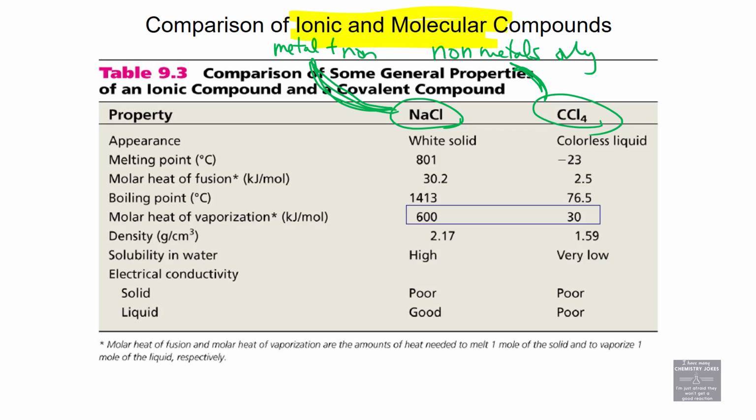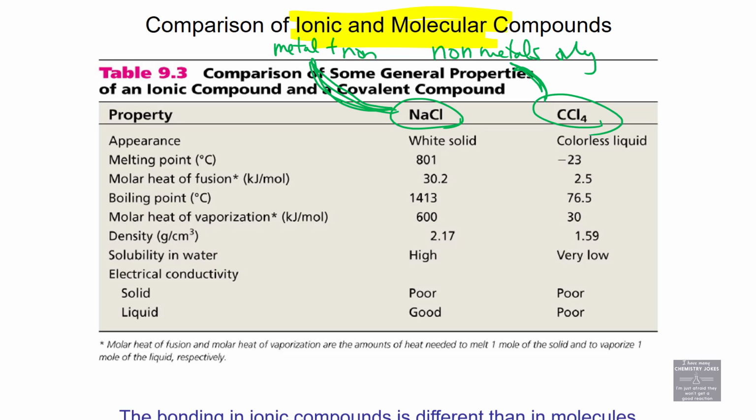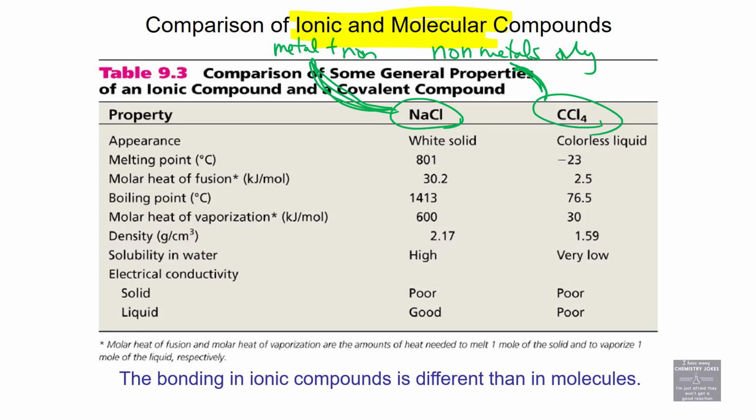All 3 of those have significantly different numbers, and significantly different numbers tell me there's something different about ionic and molecular compounds. The bonding in ionic compounds is different from that of molecules.